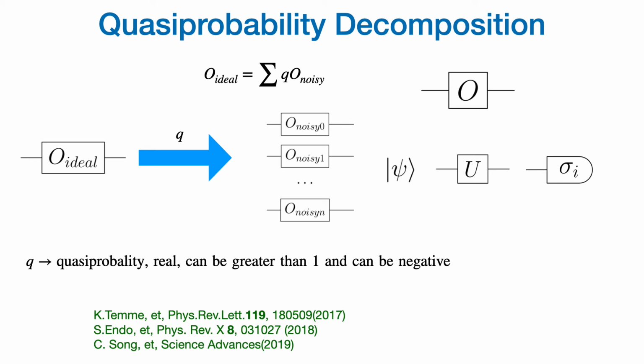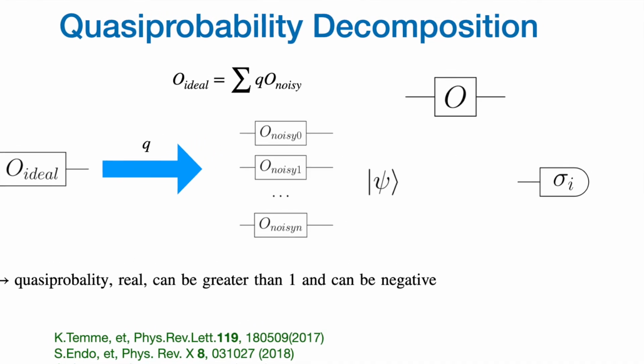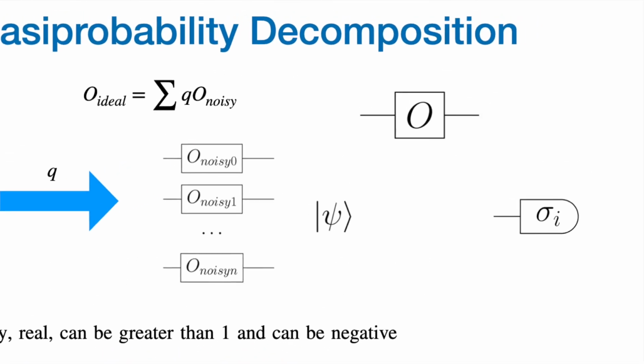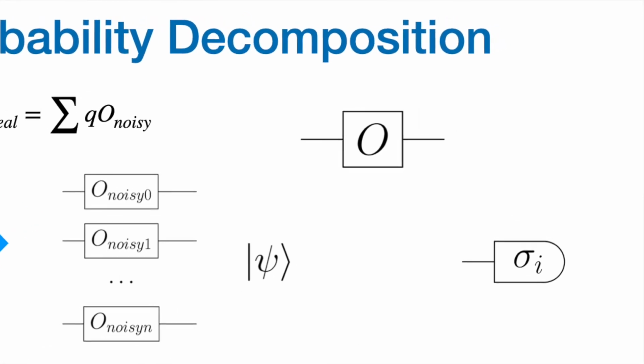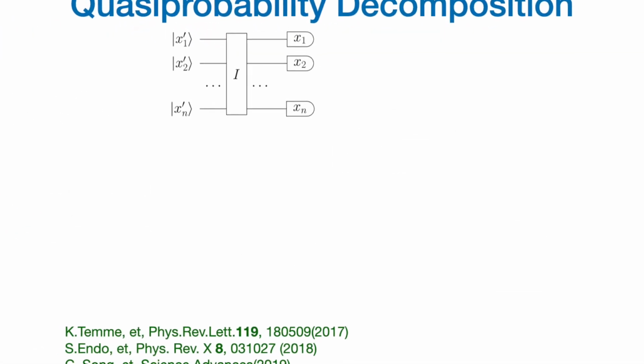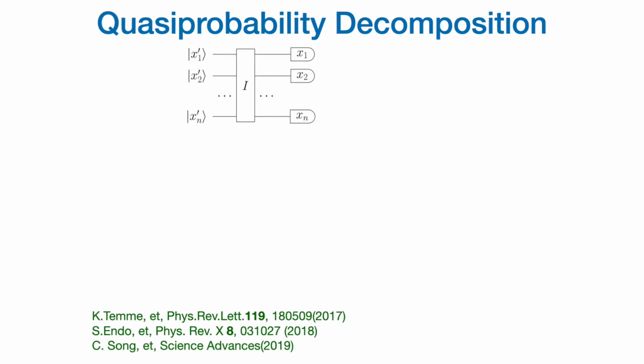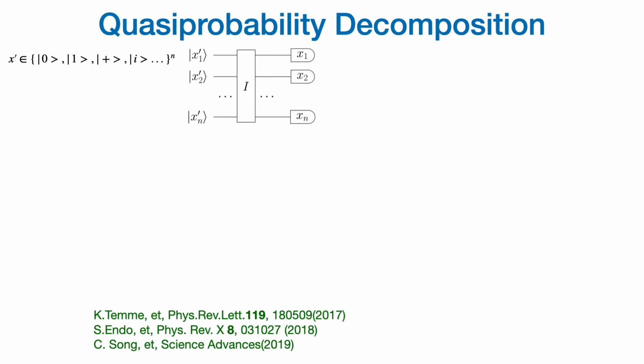The O here could be initial states, quantum gates, or measurements, but here we only deal with SPAM error, no gate error involved. Similar to the transition matrix, the method also mitigates error based on the error information it recorded.